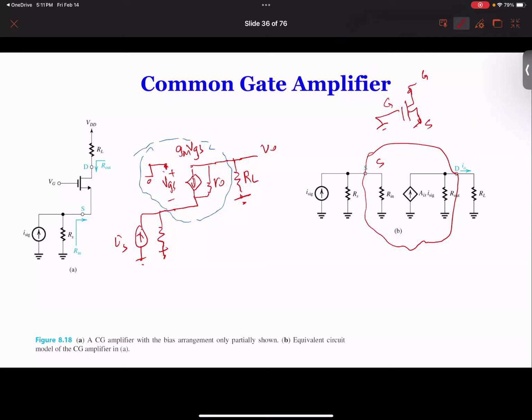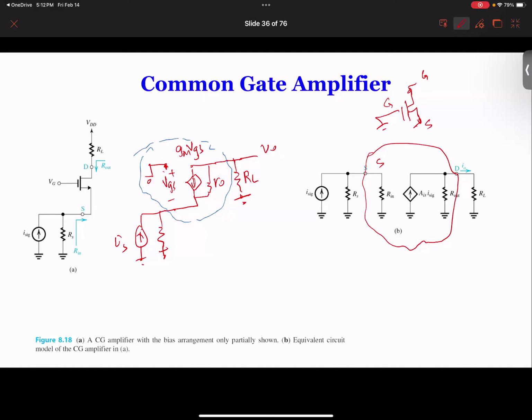So from this circuit to transfer to this circuit, we need to do a little bit of work. How do we find R in and R out and AIS? For this circuit, because there's a controlled current source, you cannot convert this controlled current source into 1 over GM anymore, because the terminal voltage is actually not VGS.